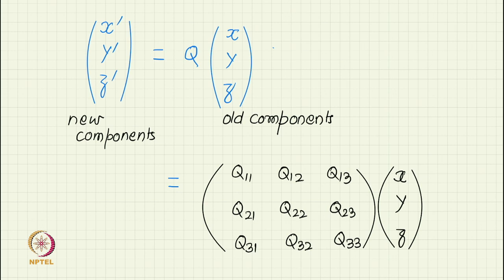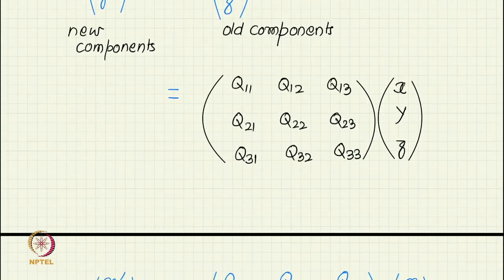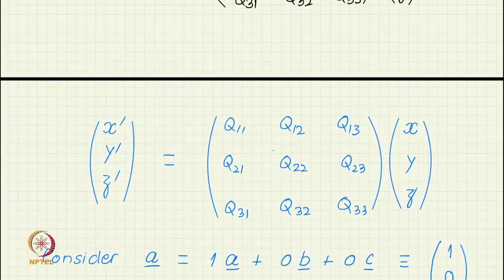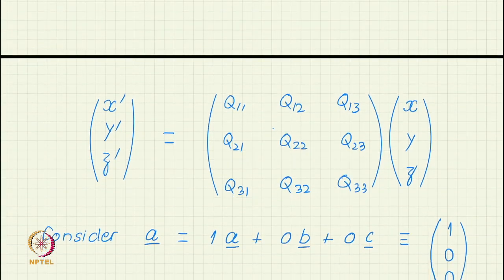Of course, we saw that Q was P inverse. So, if we know P, we can find Q as the inverse of P, but Q can directly be found without finding P also. So, let us look at that interpretation, how we can find Q directly by looking at the relationships between different bases.